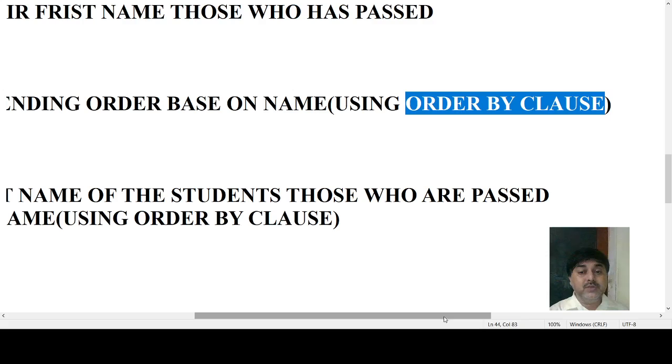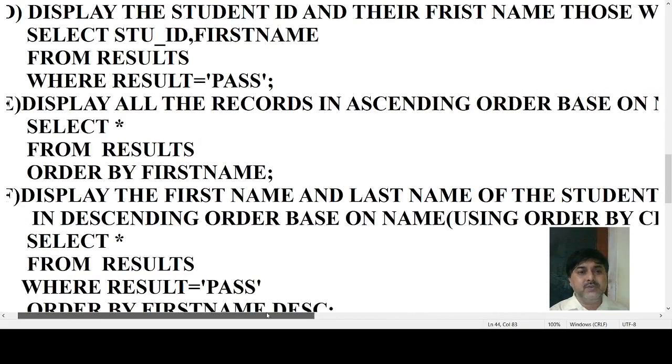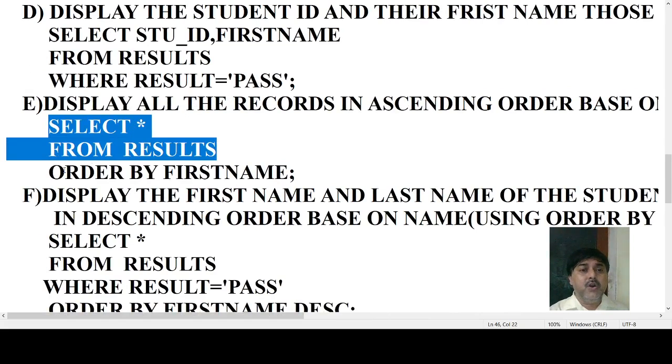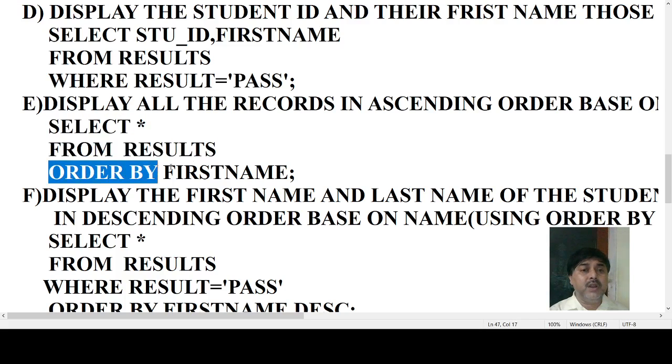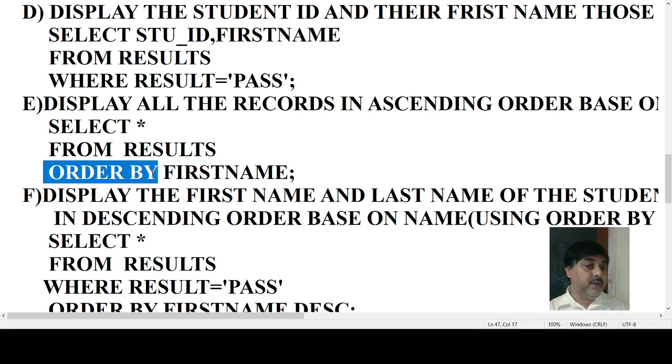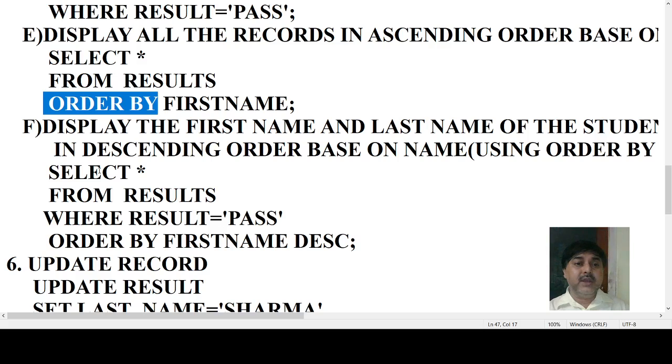As we are using the order by clause, what we have written is select asterisk from result, order by the first name. That means it will be done in ascending order. We haven't said anything here, so it will be done in ascending order. What clause have we used here? Order by clause.